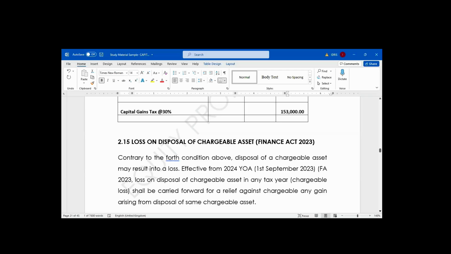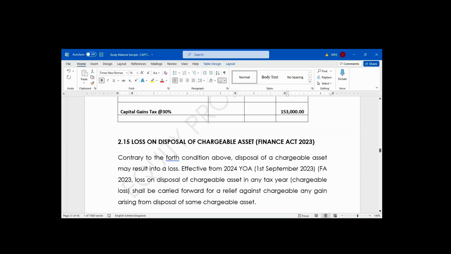What I'm saying now is you dispose of a motor vehicle, you made a loss. That loss that you made, you can carry it forward to a future year, maximum of 5 years.